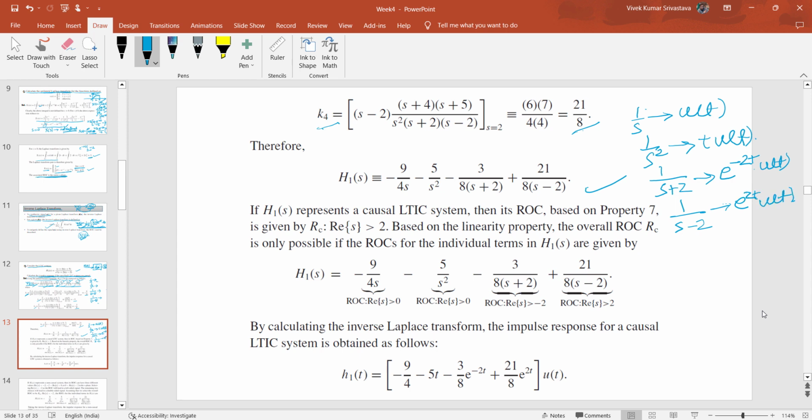These are well-known results, and you can get them from any standard book of signals and systems.